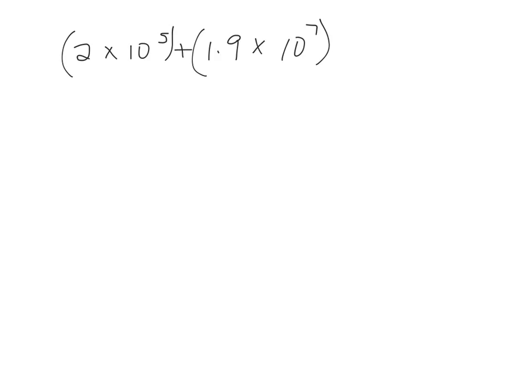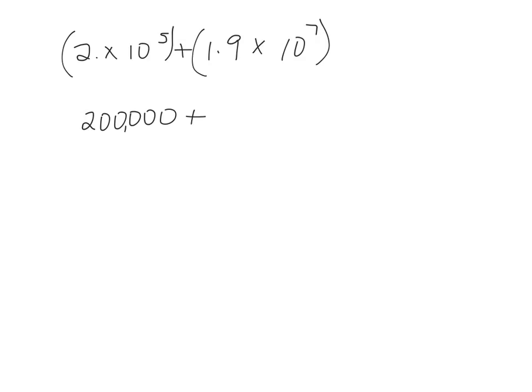Okay, so I have to turn 2 times 10 to the 5th into standard notation. So I'm going to be moving that decimal 5 spots to the right. So in this case, I'll just be adding 5 zeros. 1, 2, 3, 4, 5. So I end up with 200,000.